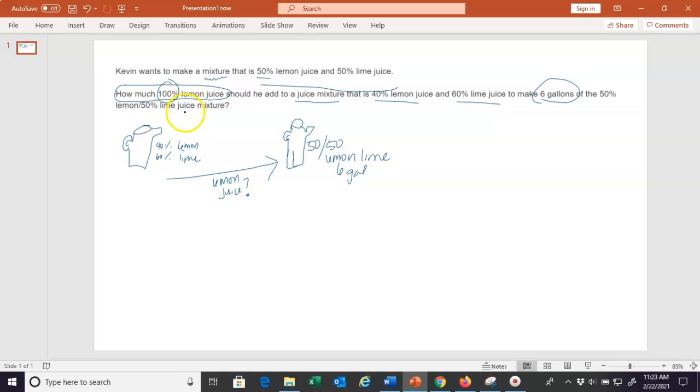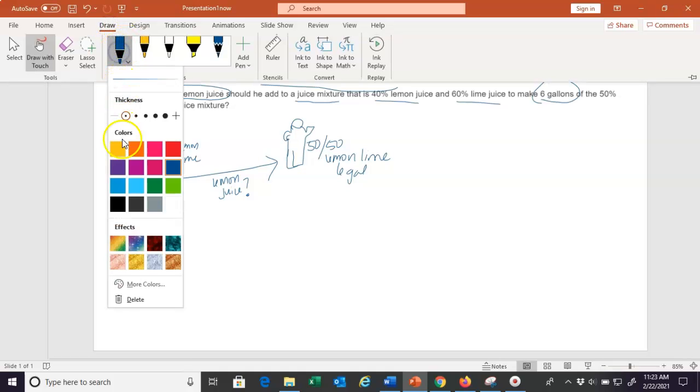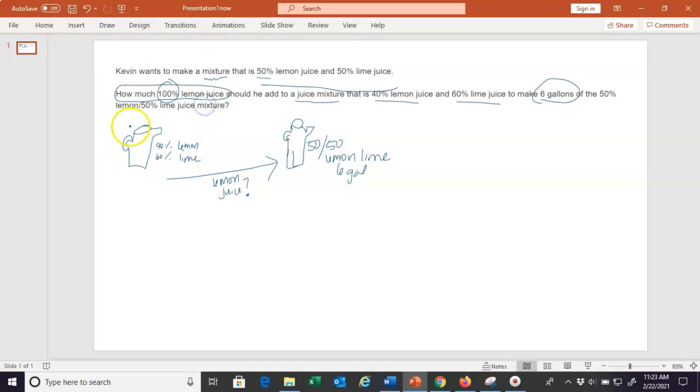How much lemon juice do I need to add? So that's going to be an important piece when we start writing out the equations because we're not so much concerned with the lime juice. We're more concerned with the lemon juice because that's what he's going to add to his current mixture. So we're going to write a system of equations, and usually it's a good idea to start out by identifying your variables.